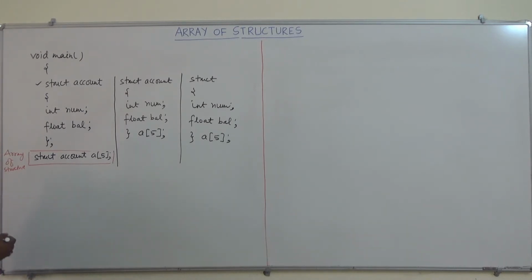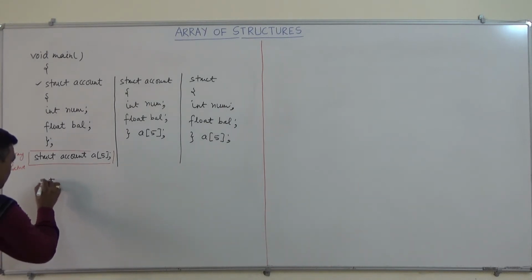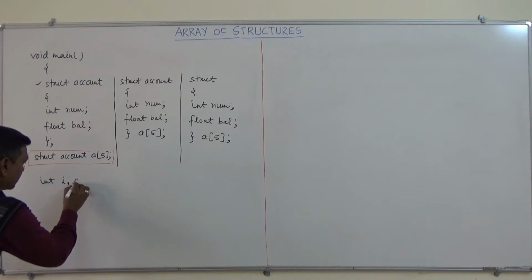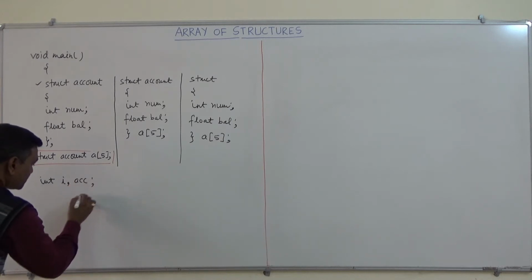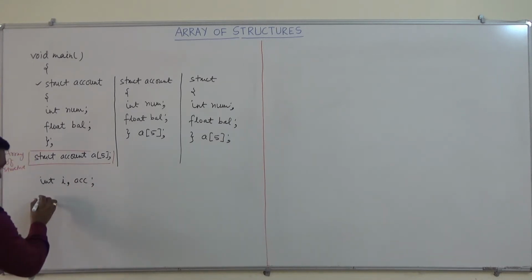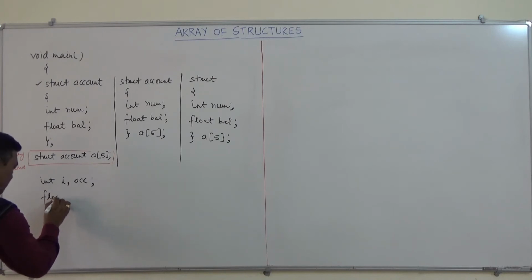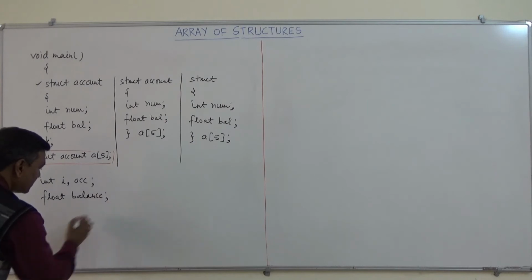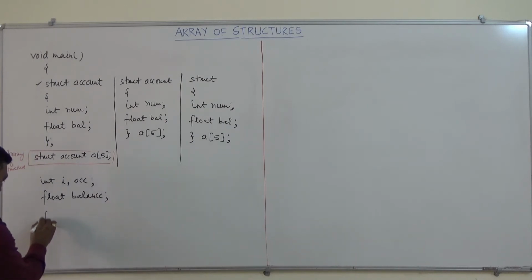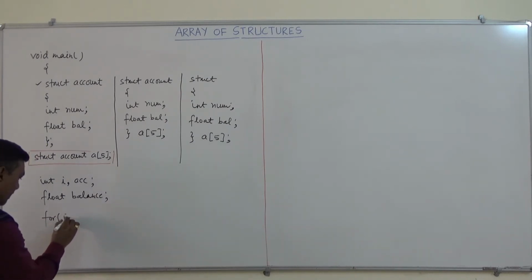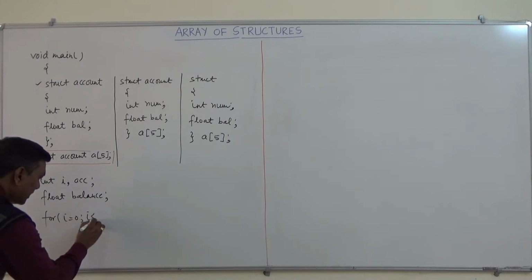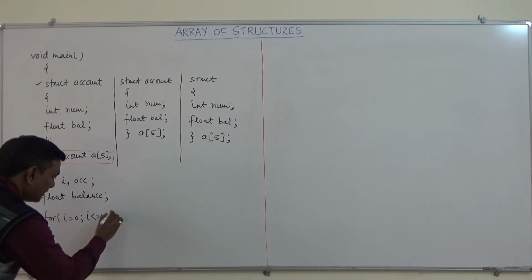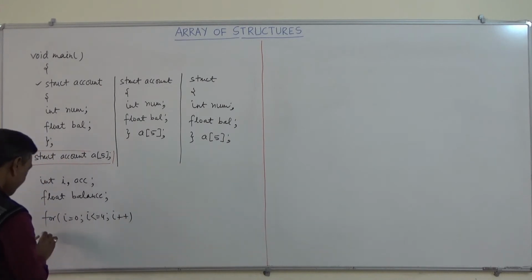Now we will use a variable int i and then acc, that stands for account, and then float balance, and then we will use a for loop: for i equals 0, i less than or equal to 4, i plus plus.